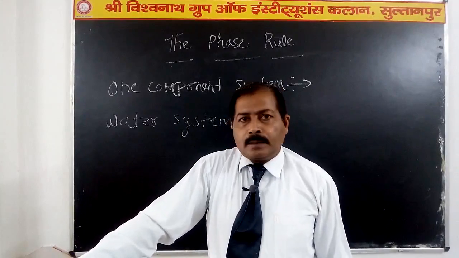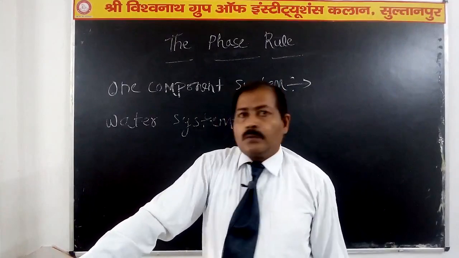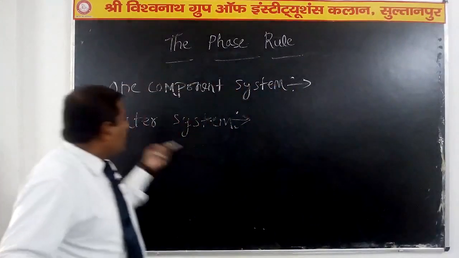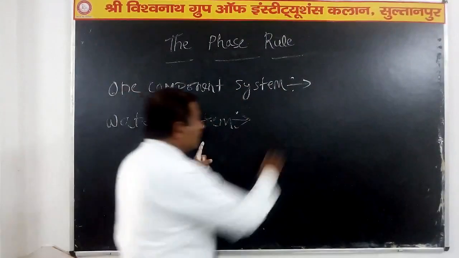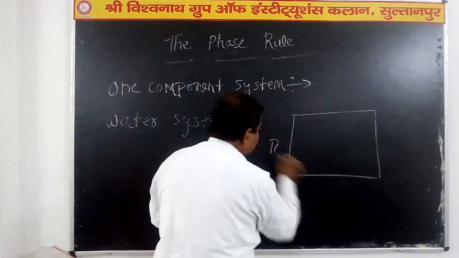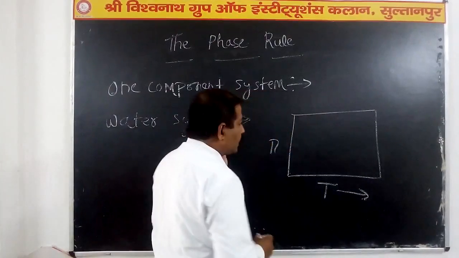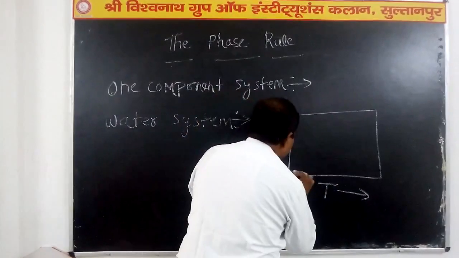After that we shall plot a graph which is called the phase diagram. The phase diagram of the water system is plotted between temperature and pressure. Let us plot a graph of the water system.